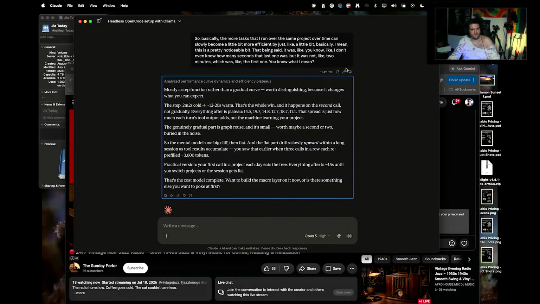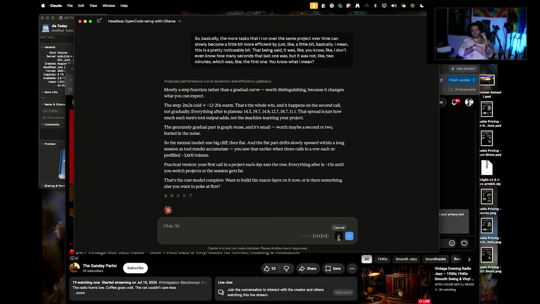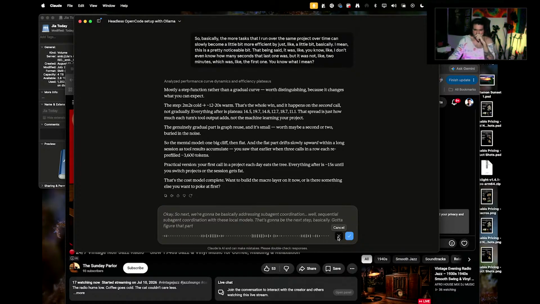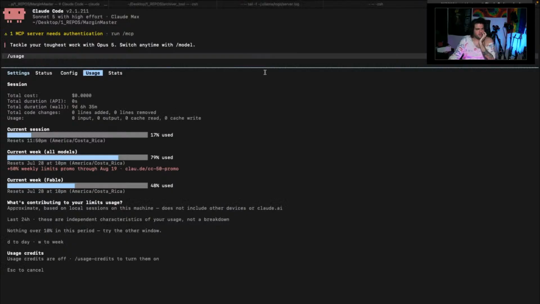All right. Okay, so next we're going to be addressing sub-agent coordination, sequential sub-agent coordination with these local models. That's going to be the next step. Got to figure that part out. All right, so we're up and running, dude. We got this local model up and running, and we got a hello world.